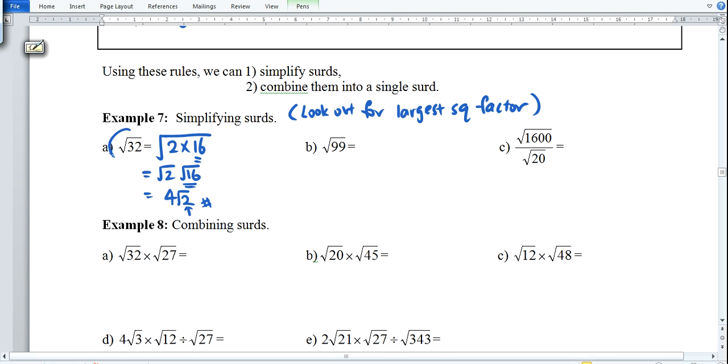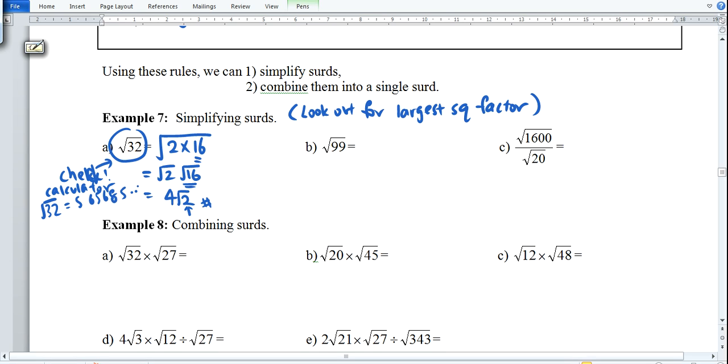A way to check your answer is to use the calculator to evaluate the question. So in this case, square root 32 on my calculator is 5.65685 and so on.